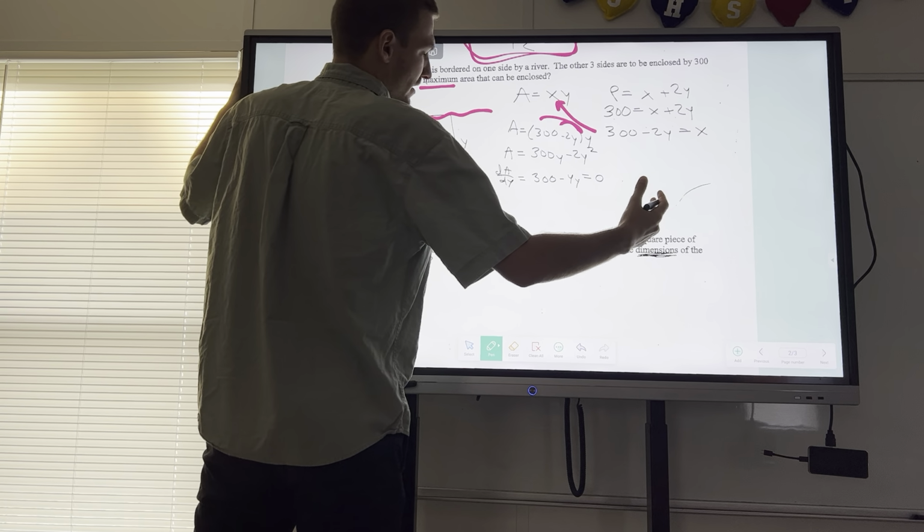Those x's should make the other 2 dimensions. This is our height. This is going to be 1 dimension, and this is going to be our 3rd dimension. And so our volume formula should be an h times 2 x's. And this is honestly a little ugly.